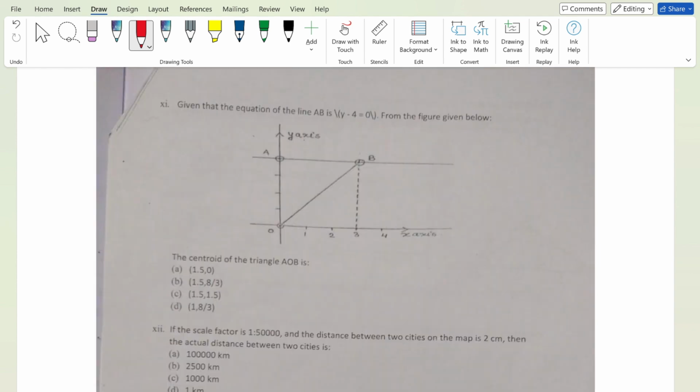Now question number 11. Given the equation of the line from the figure below, find the centroid of the triangle AOB.